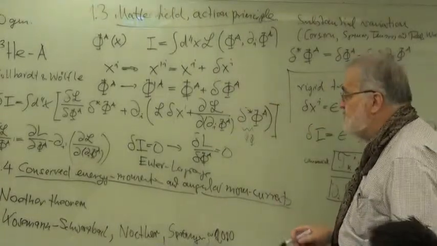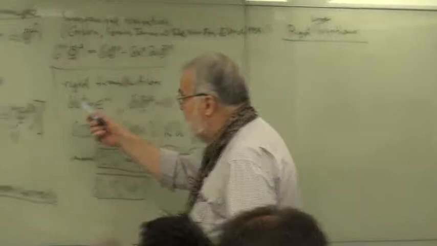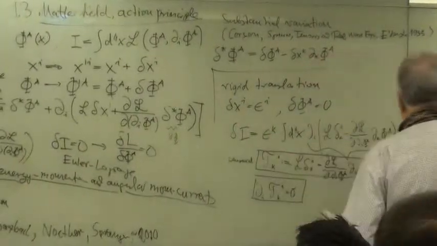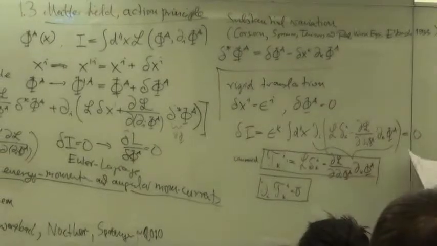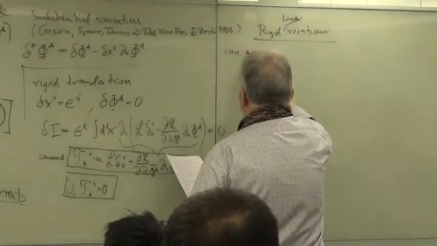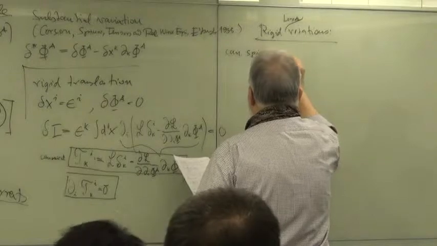under Lorentz transformation. If we do that, and we have this rigid transformation, and we do the same as we did here, we determine the dxi for the rotations, then we find the following. We define the canonical spin angular momentum tensor.